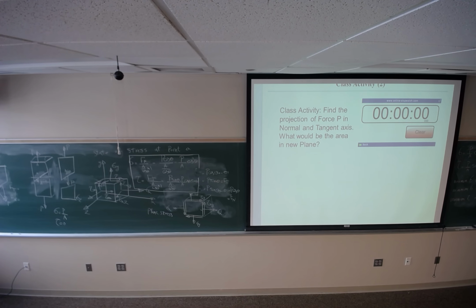For the minimum, if it gets negative 1, sine of 2 theta equals negative 1, 2 theta should be 270, and theta is going to be 135. Tau would be P over 2a, and tau would be negative P over 2a.